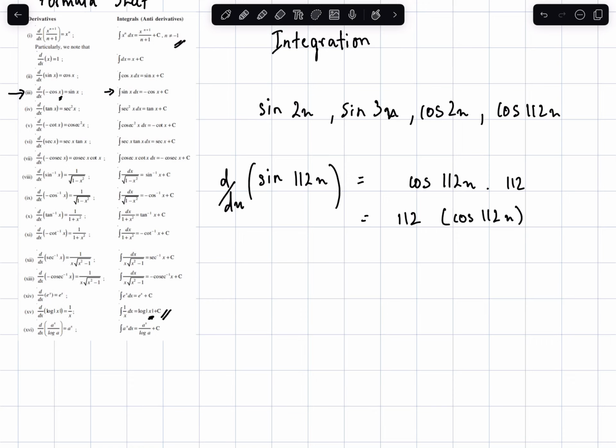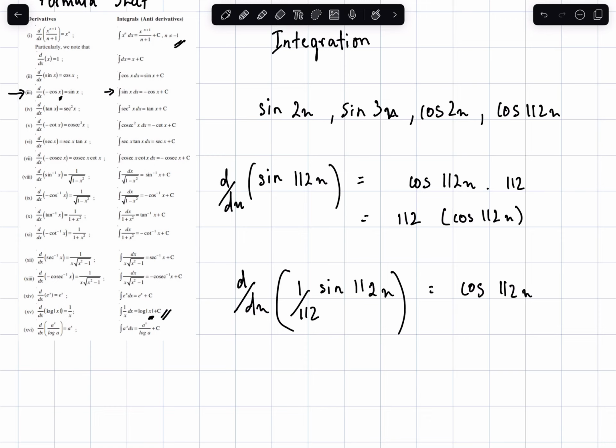Which is equal to 112 times cosine 112x. Now you want to find the integral of this, so take 112 to the other side: d by dx of 1 by 112 sine 112x is equal to cos 112x.